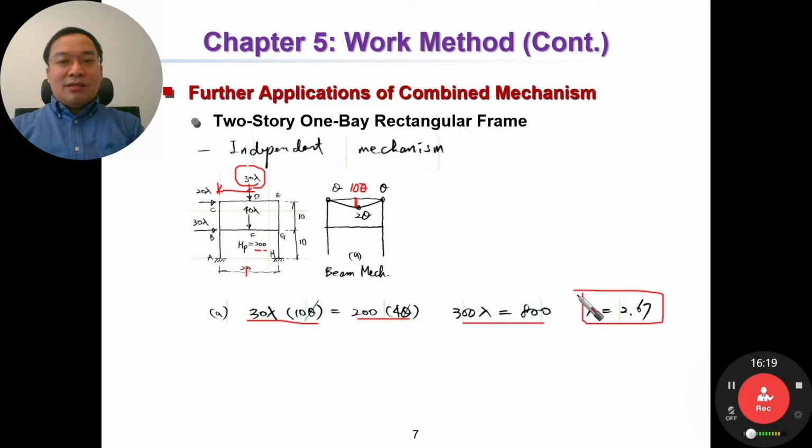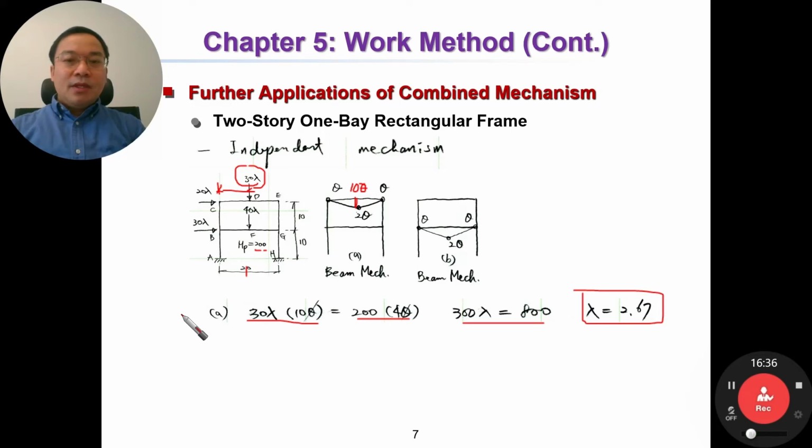But we know that it is not a correct solution, okay? Just a solution corresponding to the first independent mechanism A. And similarly, for mechanism B, we have external work is 40 lambda multiplied by 10 theta, okay?